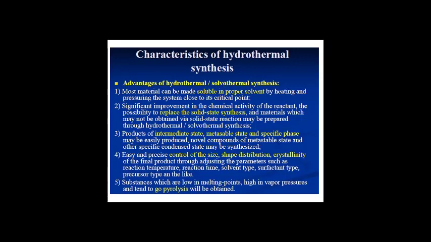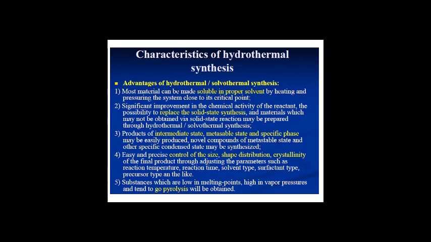It is often used for the synthesis of nanostructured materials. The surfactant just helps to grow the materials in nano size. Also the precursor type, these are different parameters which can be controlled to control the size, shape and crystallinity of the final products.